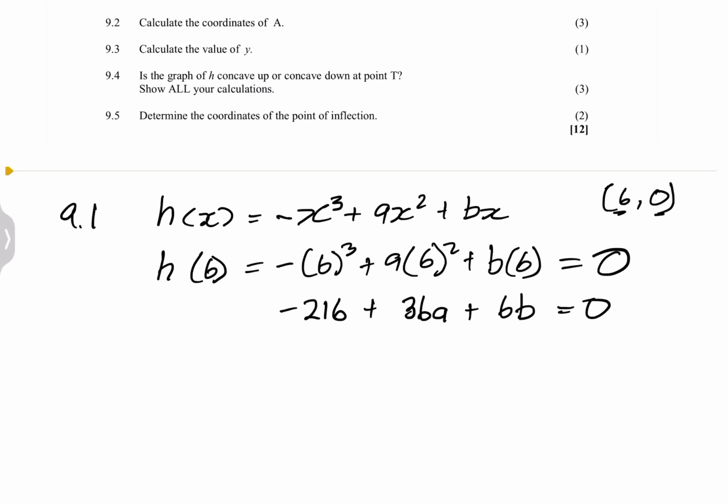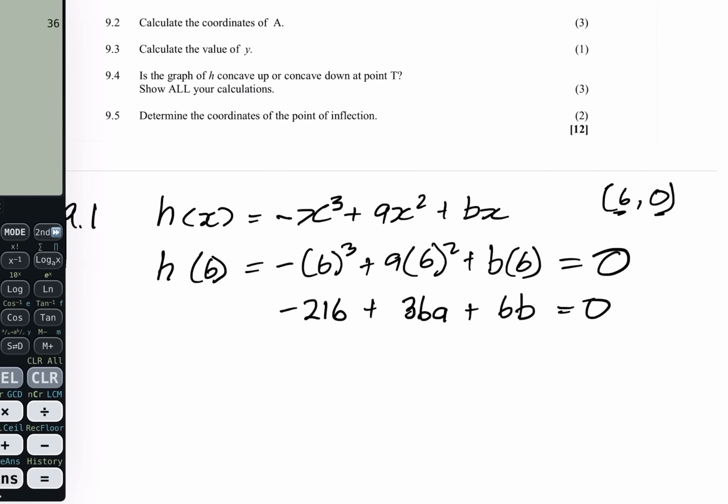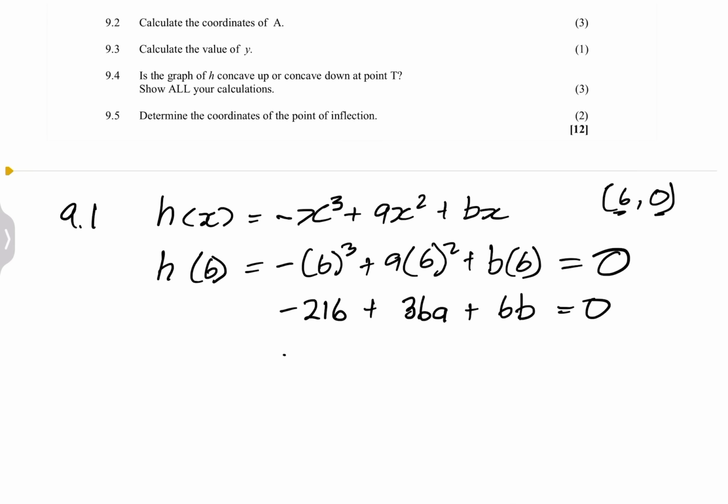Let's try and get one of them to be the subject of the formula. In fact, let's divide everything by 6. 216 divided by 6 gives me 36, so that would be minus 36 plus 6a plus b, and this would be equal to 0.